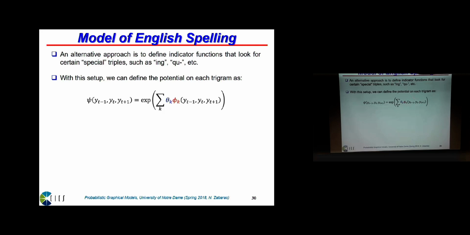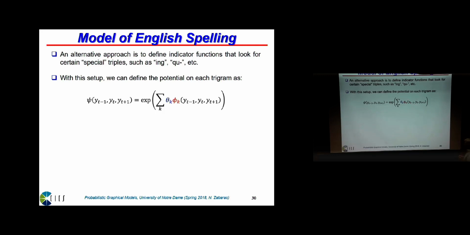in English spelling, if you look at a document and you try to create feature functions that involve 3 letters, for example, this can be an indicator function over 3 letters. T is an index in the text.